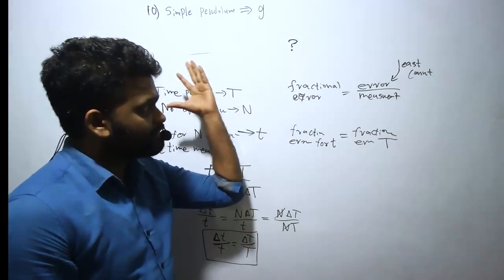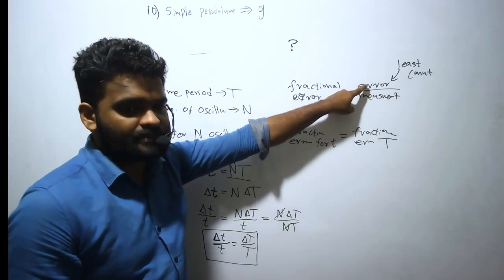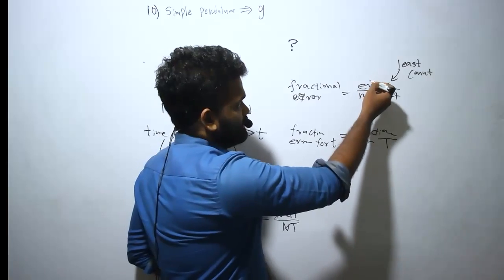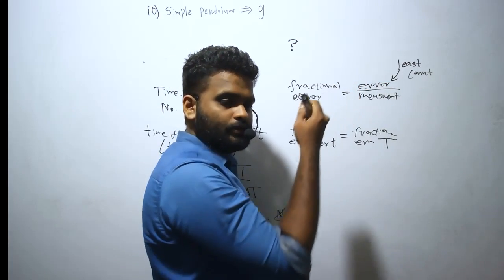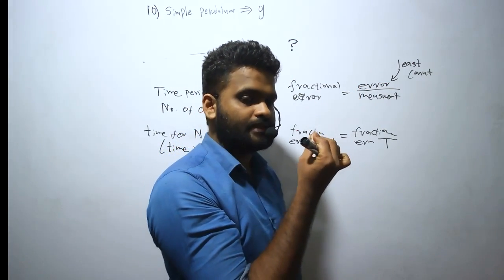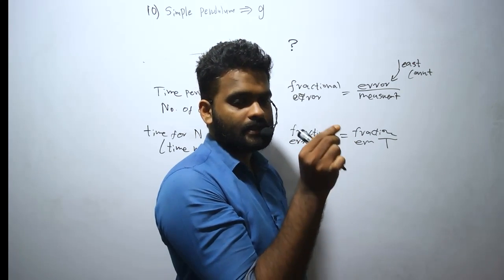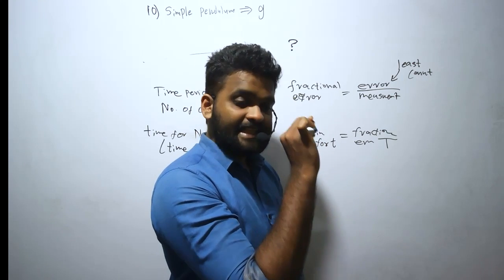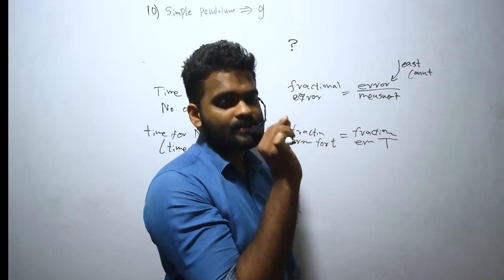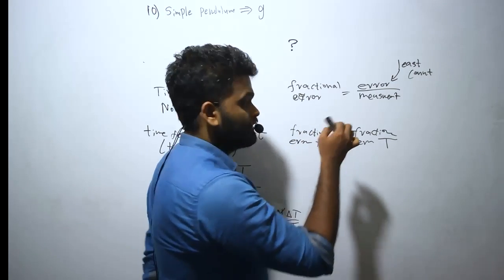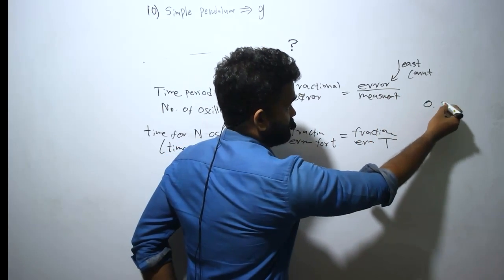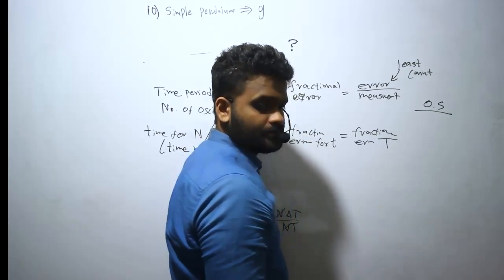Here, error means the least count. To find the time measurement, we use a stop clock, and in the lab its least count is 0.5 seconds.